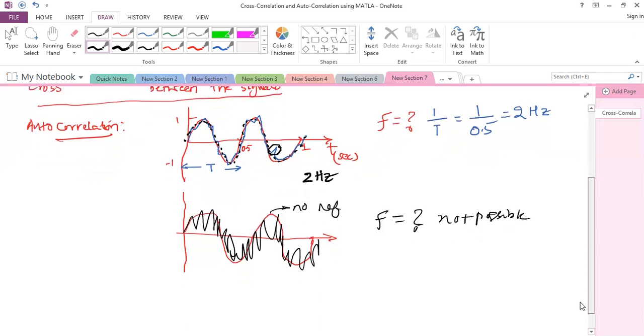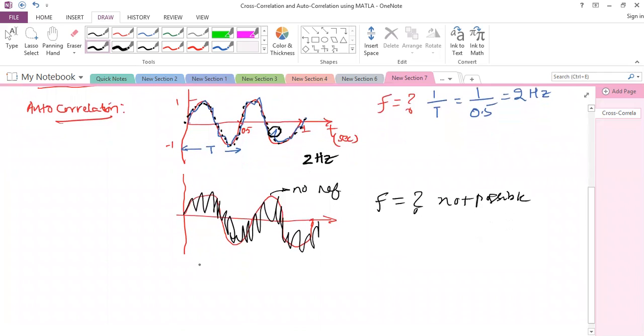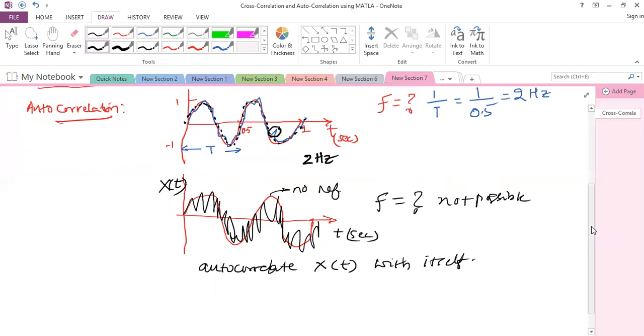Okay. So what we do in correlation is, if the signal is x of t, we autocorrelate x of t with itself. Then what do we get?